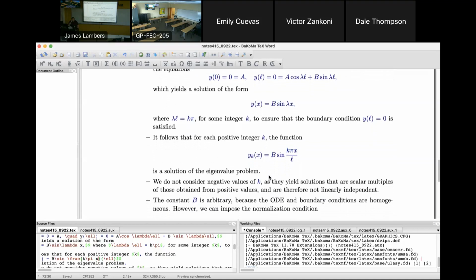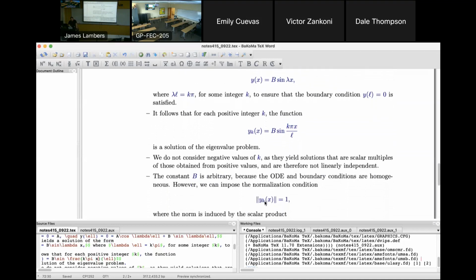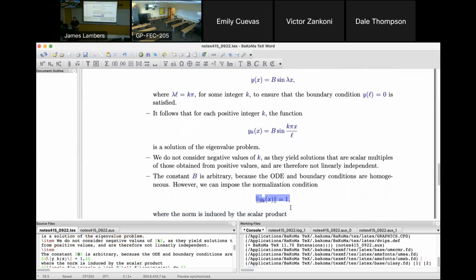Now, any scalar multiple of an eigenfunction is also an eigenfunction. So we could choose a constant b to be anything as long as it's non-zero. There are different things you can do, like we could just set it equal to 1. Another thing you can do is require that the norm of a function is 1.